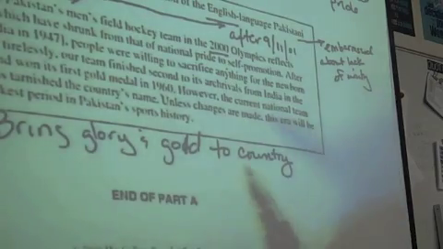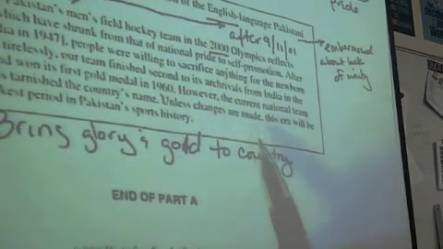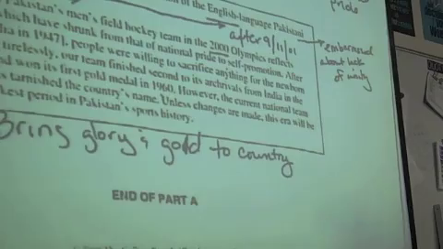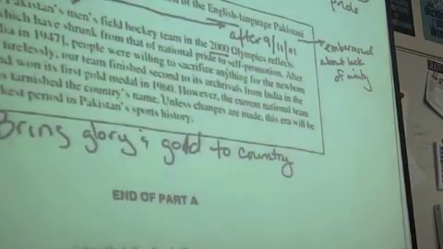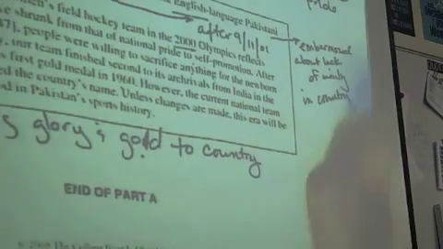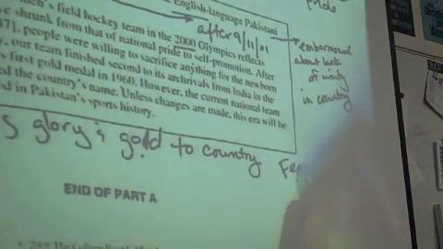He says that they're clueless, they've tarnished our country's name, changes need to be made, and this era will be known as the darkest period in Pakistan's sports history. He wants to bring back glory and gold to the country.